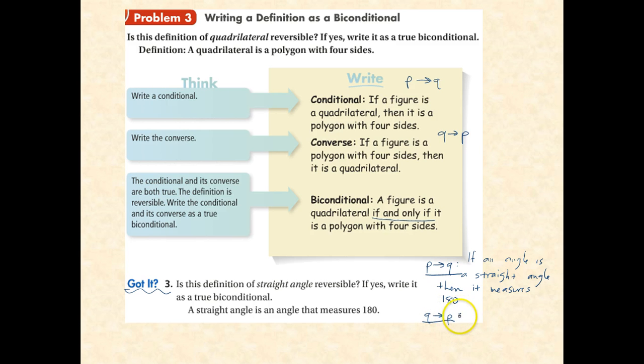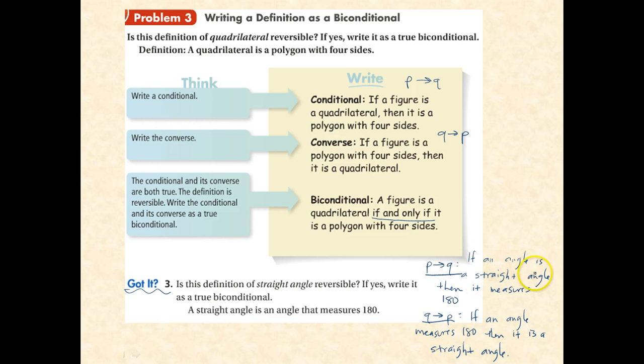would be, if an angle measures 180 degrees, then it is a straight angle. So are both of those true?